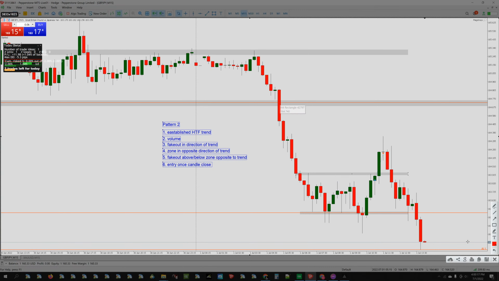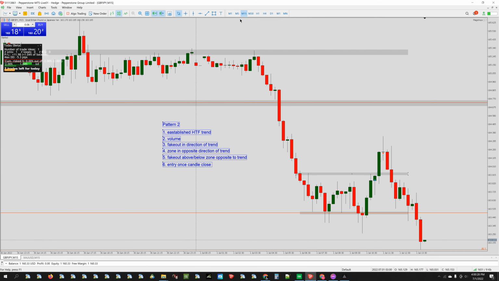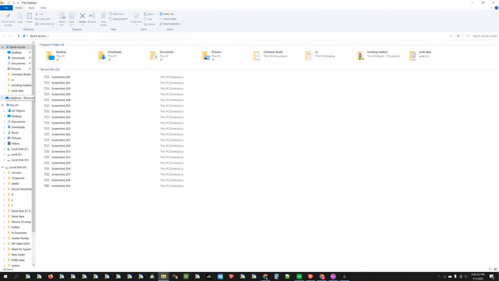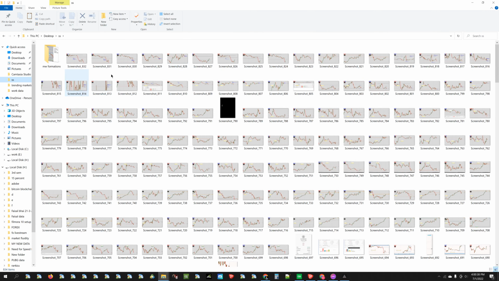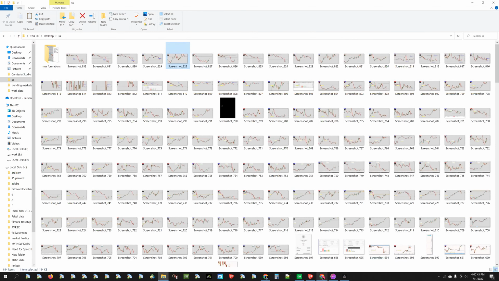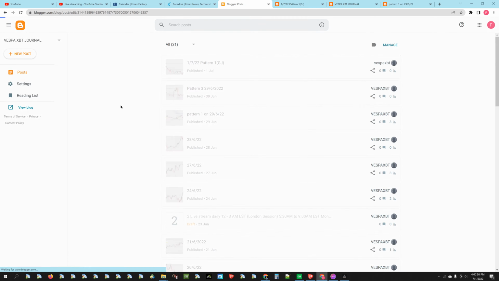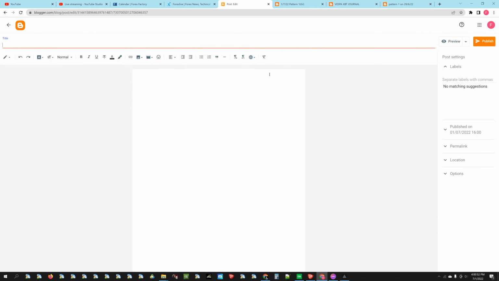M15, entry, potential stop. So our pattern 2 is now complete, and I will upload this on my blog for you guys so that you can see it later on, or I can see it later on whenever I want.